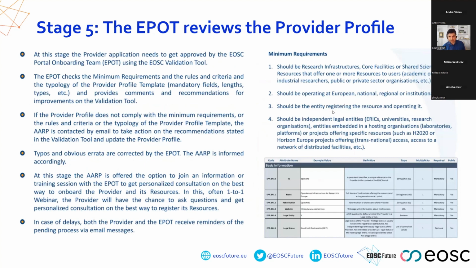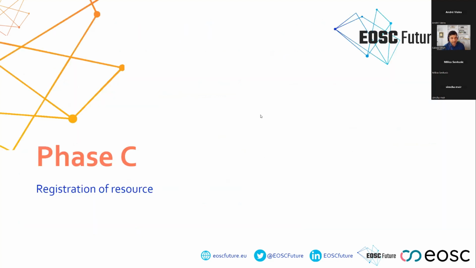It should be the entity registering the resource and operating it by itself. And it should be an independent legal entity. So all these checks are performed on this application, and the application is either accepted, or if there are some modifications needed, then the provider is contacted.